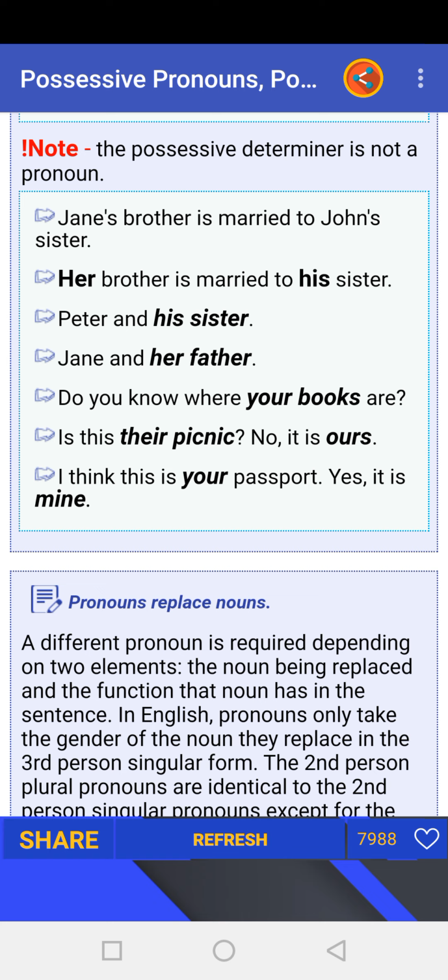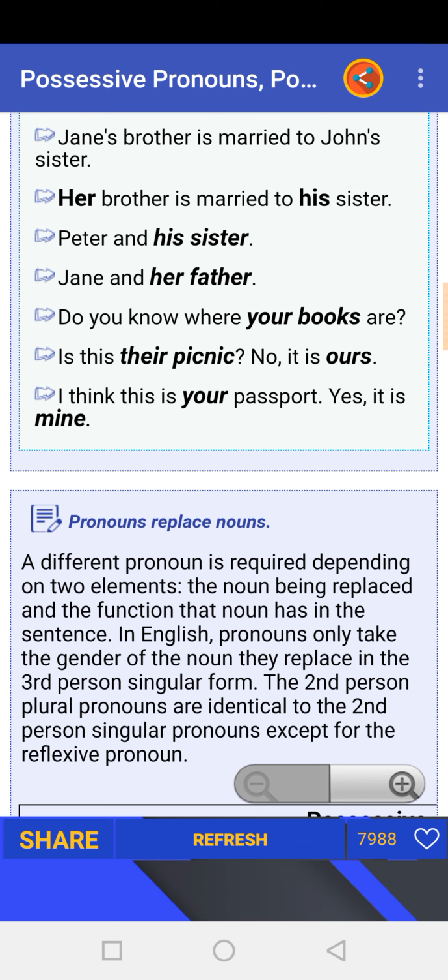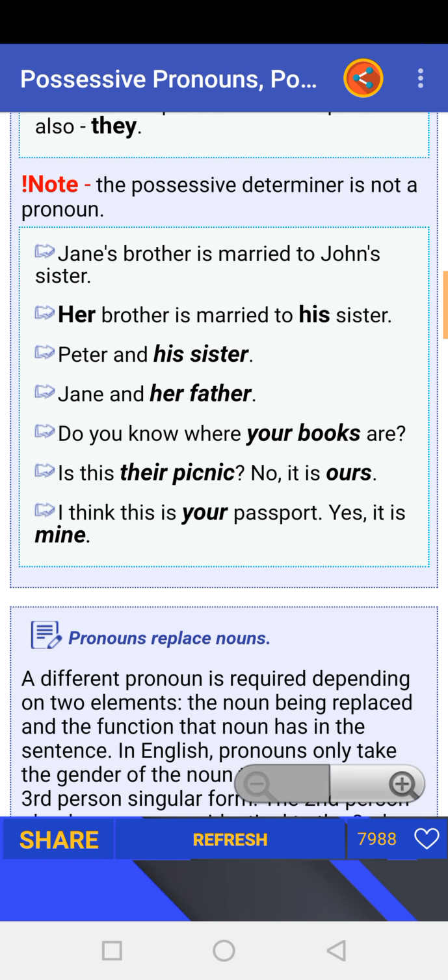So let's give more examples. Peter and his sister. As we notice, the possessive determiner is placed before the noun.